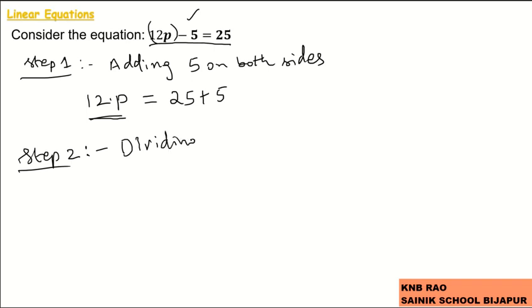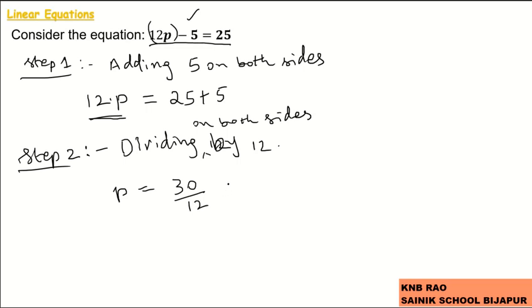So dividing on both sides by 12 makes us have only p on the left hand side, whereas on the other side 25 plus 5 gives 30 and 30 upon 12.